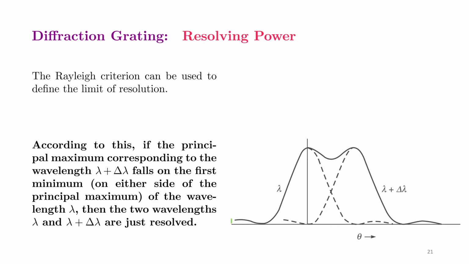Let us assume that we have two closely spaced wavelengths, lambda and lambda plus delta lambda. In this figure, the principal maximum of lambda plus delta lambda is shown to fall on the first minimum of wavelength lambda. If that is the case, according to the Rayleigh criterion, these two spectral lines will be resolved.